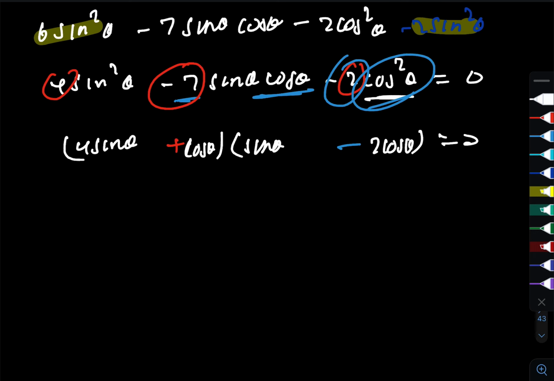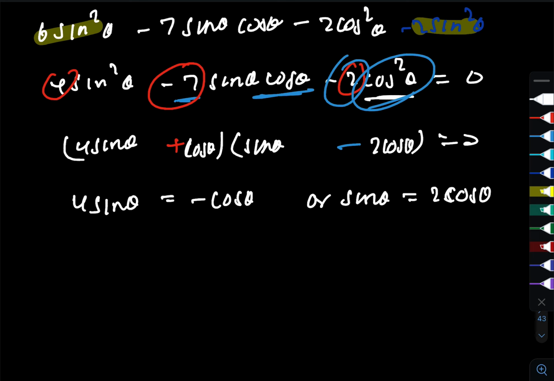All right, so now that that's being done, this is going to be 4 sine theta equals a negative cosine theta, and then this is going to be sine theta equals a positive 2 cosine theta. And then you know what to do: divide by cosine theta, divide by cosine theta, and this is going to give us 4 tangent theta equals negative 1.